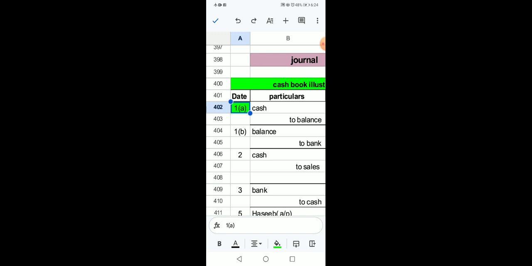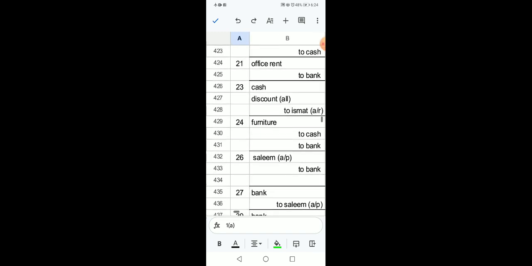Why are we marking it? Why are we changing the color of the date? Because when you have so many entries in your question, the possibility of skipping would be there. When you mark it as done, you will be satisfied that the entry has not been skipped.